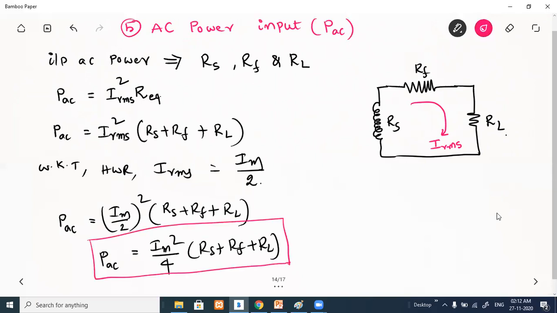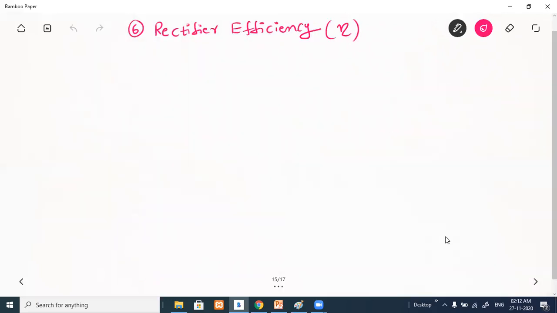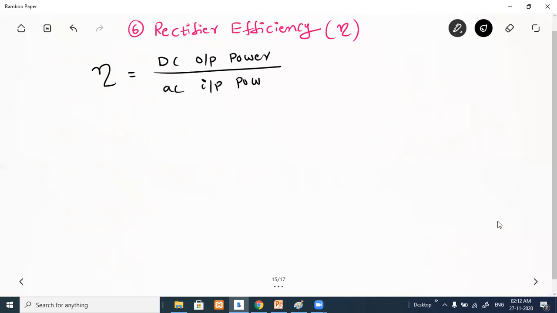Then the next characteristic of the half-wave rectifier is rectifier efficiency. The rectifier efficiency is defined as the ratio of DC power output to AC input power supplied.